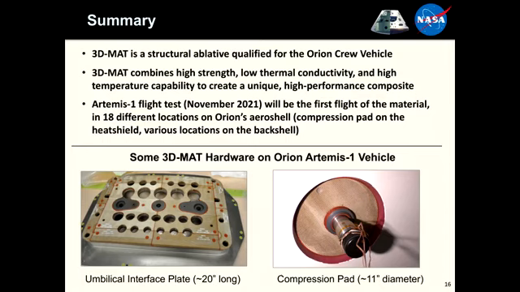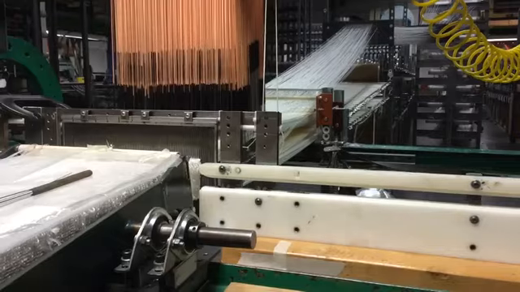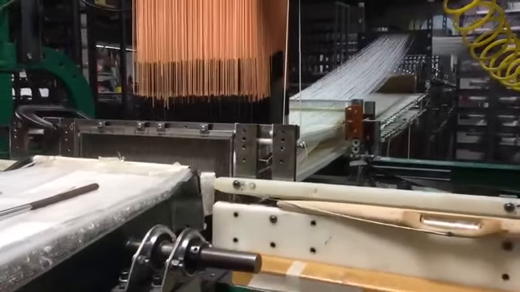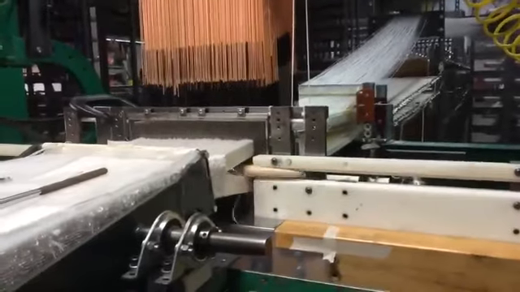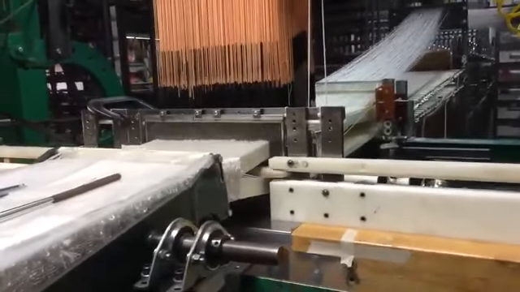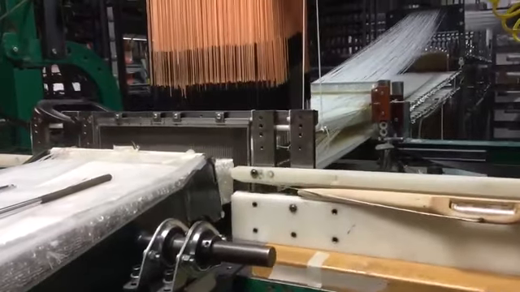So with that, I will attempt to switch over to a couple of videos, if I'm able to do that. Okay, here we go. So this is the loom in action. I mentioned you see the shuttle going back and forth here that contains the fill yarn.